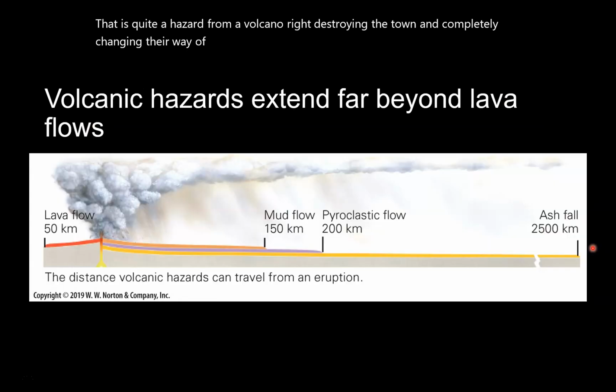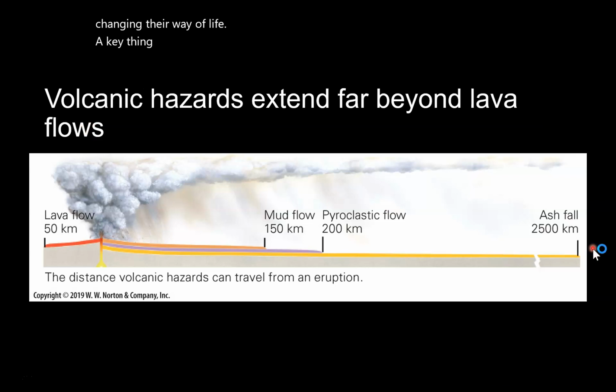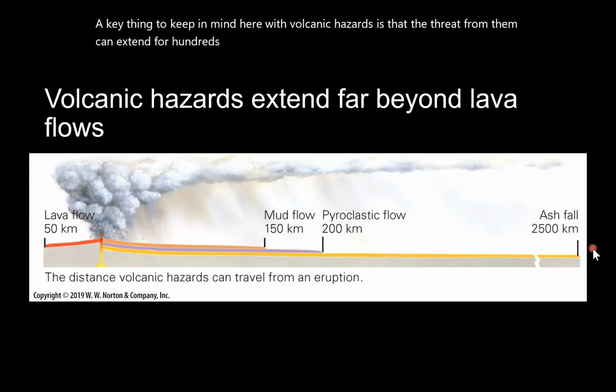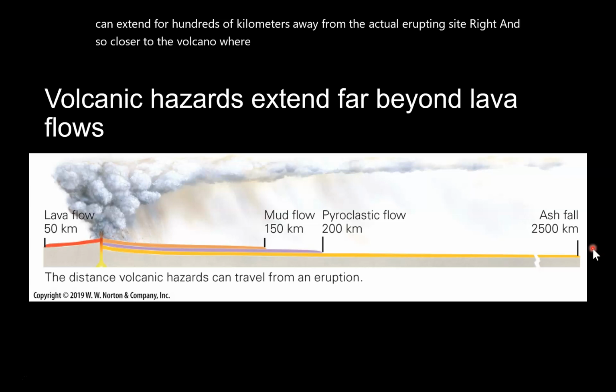Okay. So a key thing to keep in mind here with volcanic hazards is that the threat from them can extend for hundreds of kilometers away from the actual erupting site, right? And so closer to the volcano where you have lava flows occurring, that is a proximate or nearby threat.